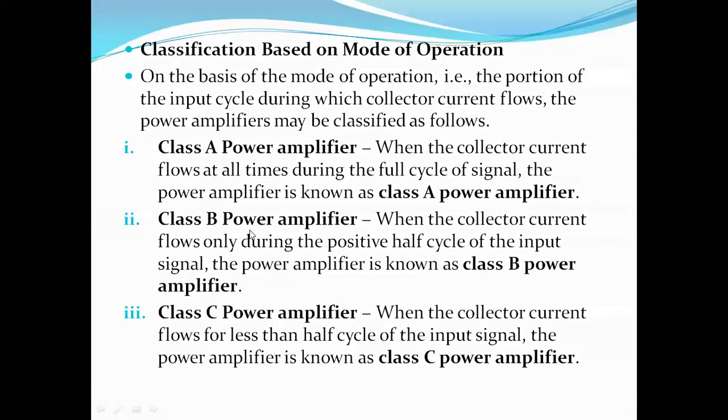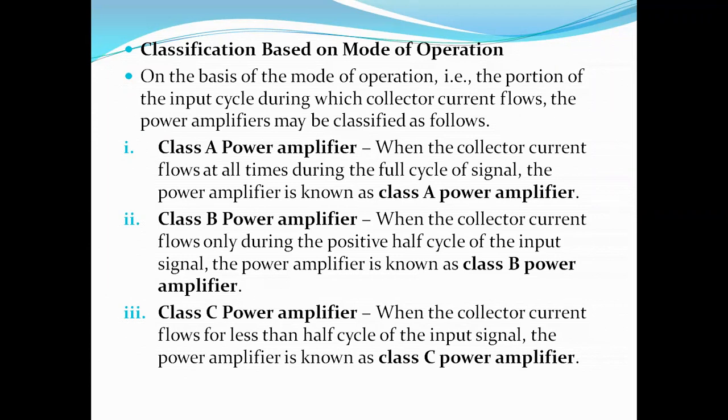When the collector current flows only during the positive half cycle of the input signal, those power amplifiers are called class B power amplifiers. In class B power amplifier, the output current flows only during the positive half cycle of the input signal, that is, it conducts only 180 degrees.